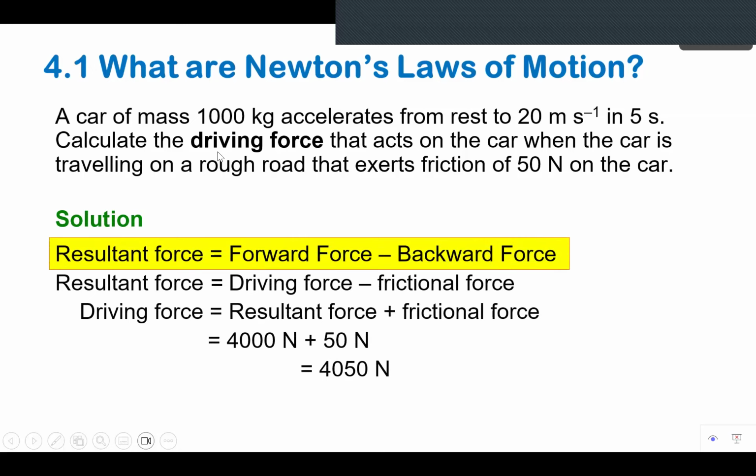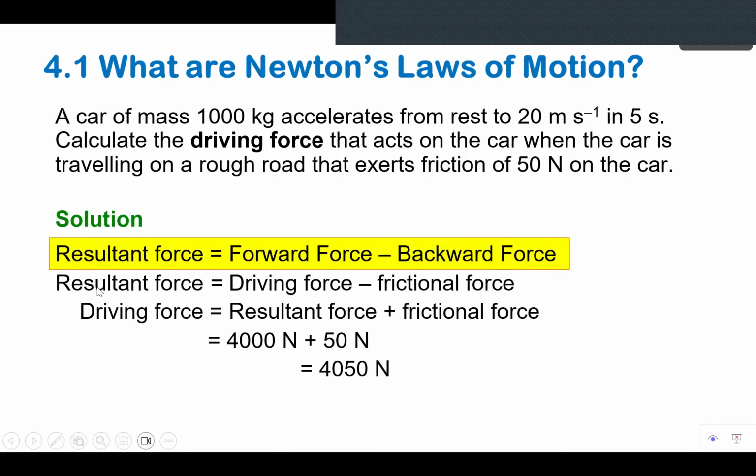As long as the question asks for a certain force that is not labeled as the resultant force or the net force, you definitely need to use this equation. Resultant force equals forward force minus backwards force.